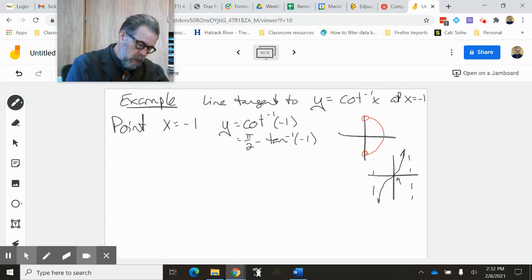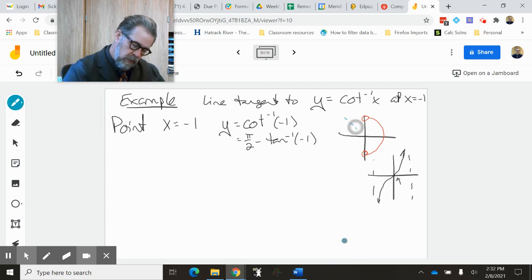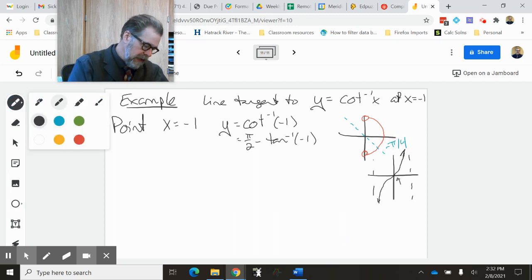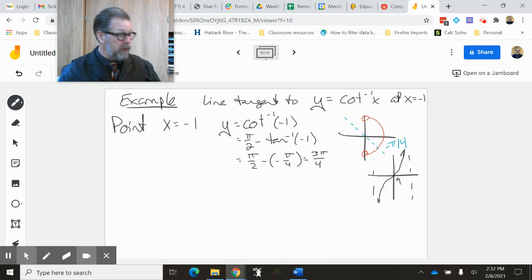And so what we're looking at here is we say, well, we're looking for a line with a slope of -1. That means that this is negative pi over 4. And going back to our exact value, we've got pi over 2 minus negative pi over 4, which is 3 pi over 4. This is much preferable to decimals when possible.